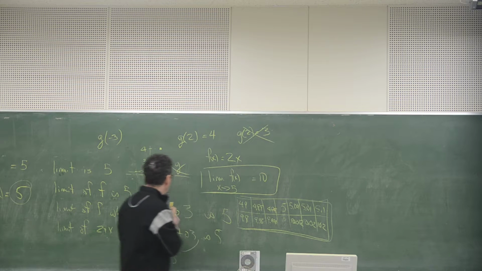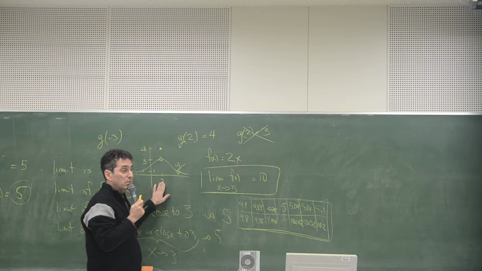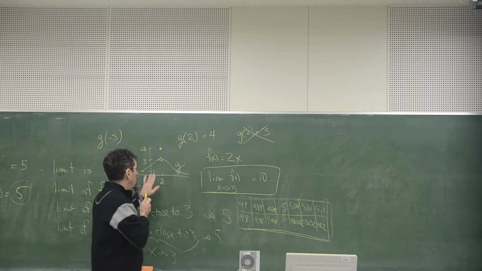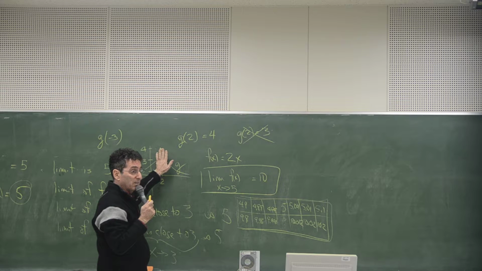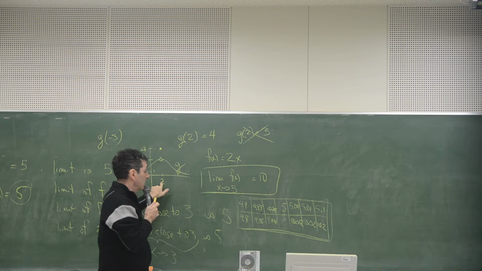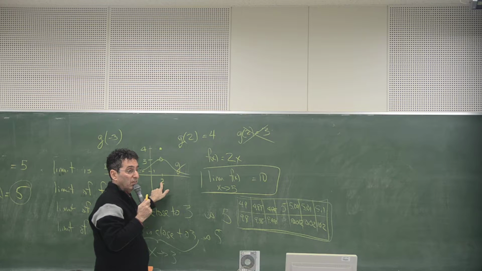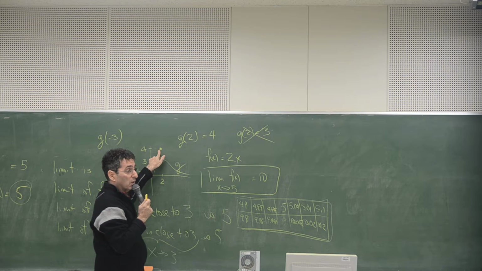In other words, if you were blind about what it was actually equal to at 2, you didn't know this picture. So imagine it's a game, and I know what this looks like, but you can only ask me questions. But you can't ask me exactly at 2. But you can ask as close as you want to 2. So nobody would ever end up guessing that it's equal to 4.